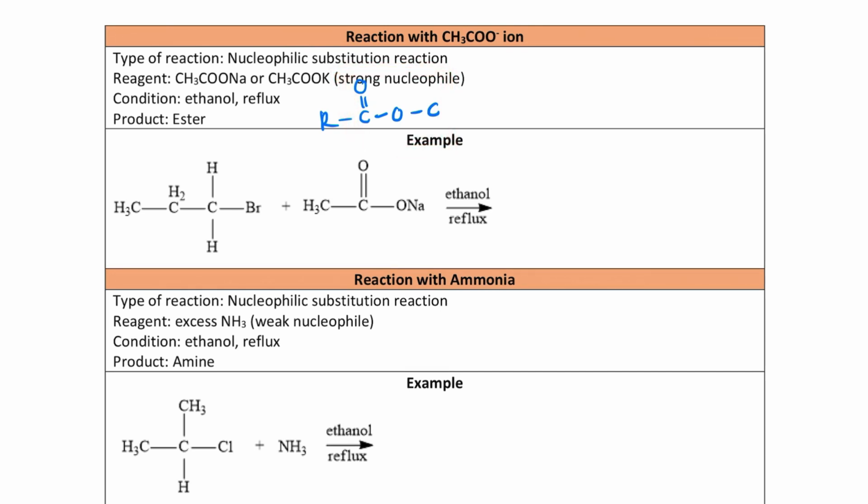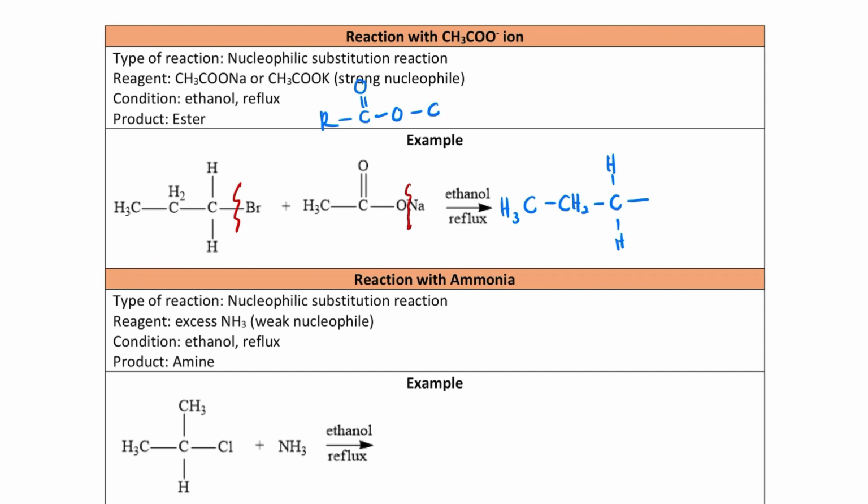So dia ada C double bond O, C, that is ester. So over here kita nak break apa? Kita tengok balik. So nucleophilic substitution kan, so Br akan keluar. And over here the nucleophile is this whole thing here, which is O minus ni kan. So the bond here kena putus, Na tu keluar. So that means kita akan take this O bonded with this carbon here. So kita redraw CH3, CH2, and then CH2.